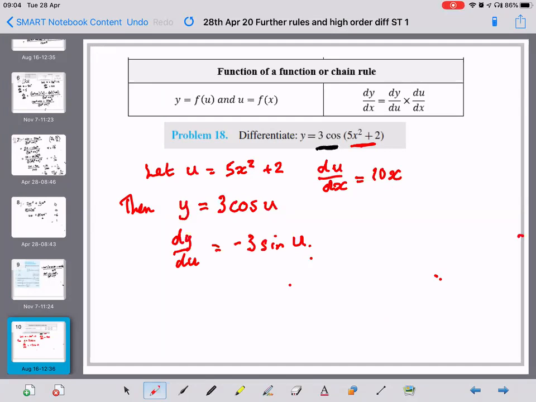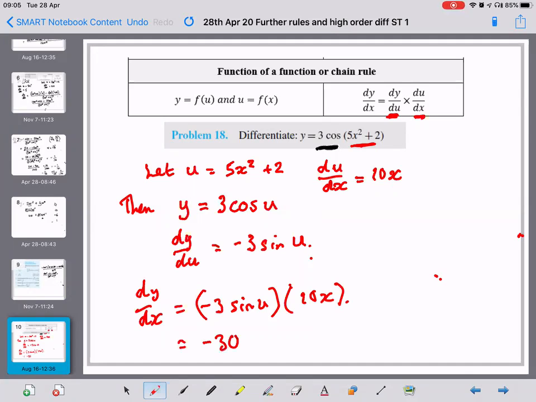So what we've got now, have we got all the parts to this formula up here? We've got dy by du, and we've got du by dx. So we can say dy by dx is equal to dy by du, minus 3 sine u, times du by dx, 10x. That is equal to minus 30x sine u.